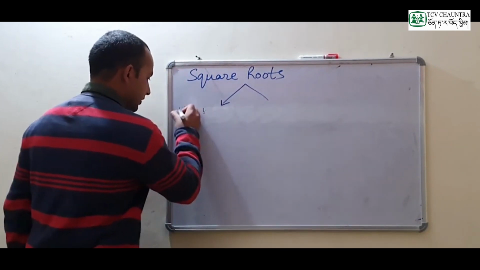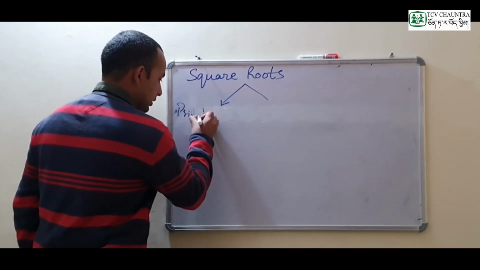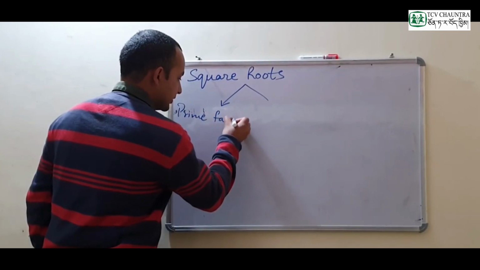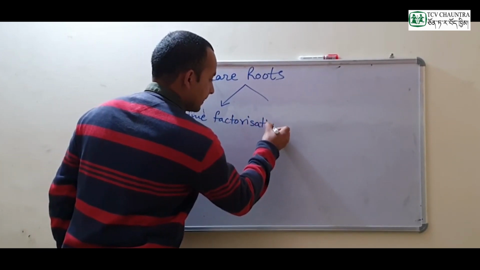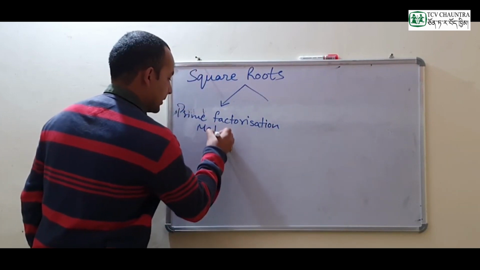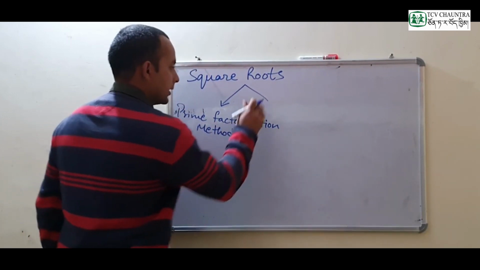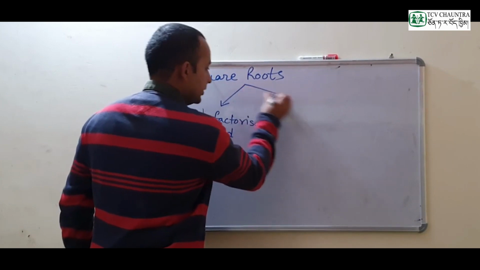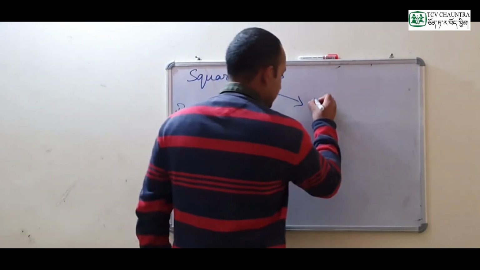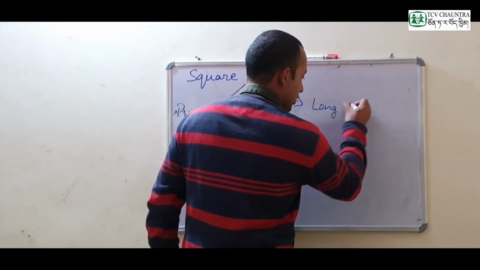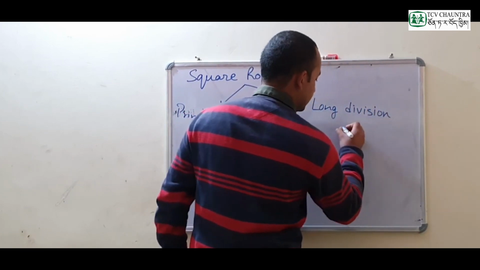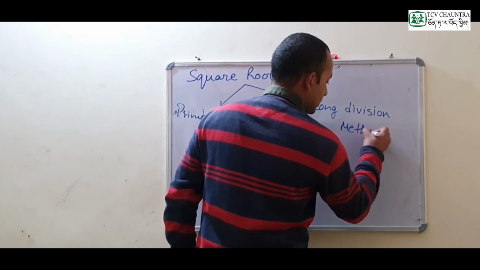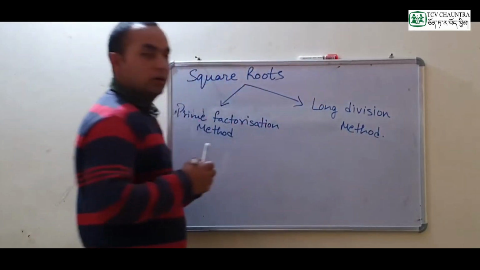The first method is the prime factorization method, and the second method is the long division method. So we will learn one by one.